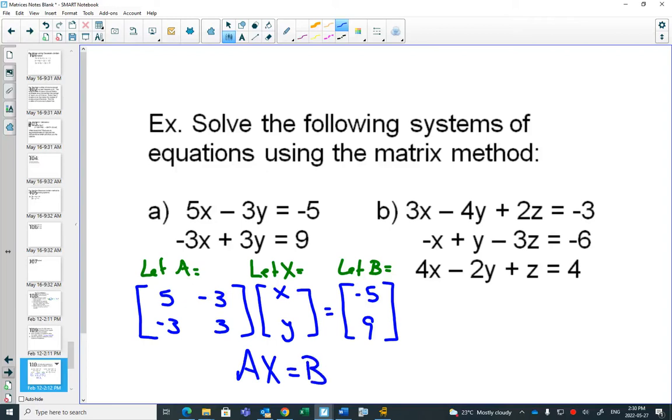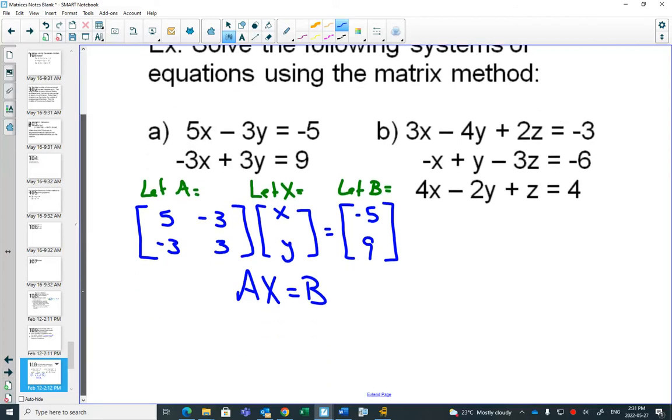We want to solve for the variables, so we have to get rid of the A on the left-hand side. And unlike mathematics you've done in the past, you can't just divide by A. Dividing doesn't exist in matrices. But you can multiply by the inverse. If I multiply this side by the inverse, I have to multiply the other side by the inverse as well. And the important thing is the order.